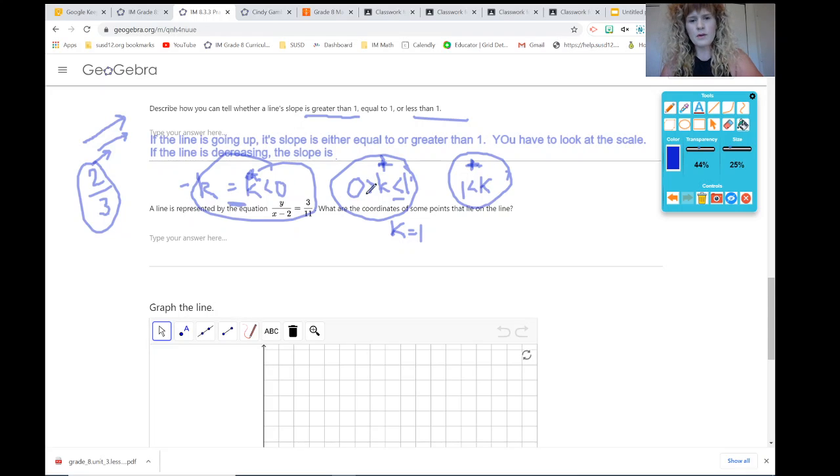So how do you know if you have a k greater than 1 or less than 1? You need to look at the scale. Don't just look at the angle it's going. So if the line is going up, its slope is either equal to or greater than 1. You have to look at the scale. If the line is decreasing, the slope is negative.